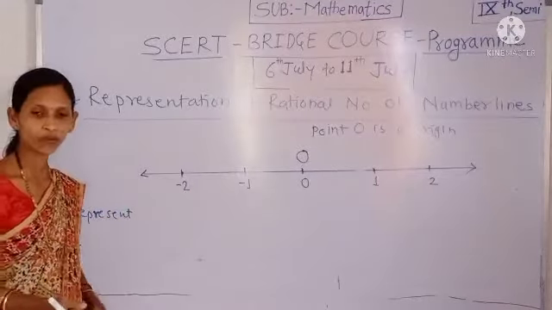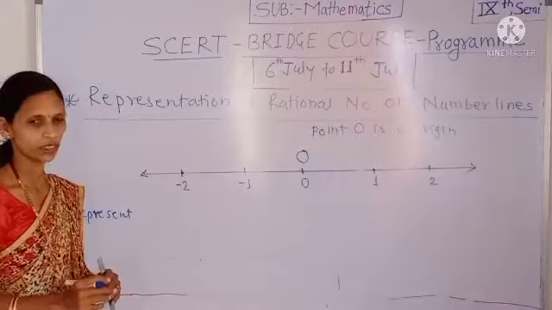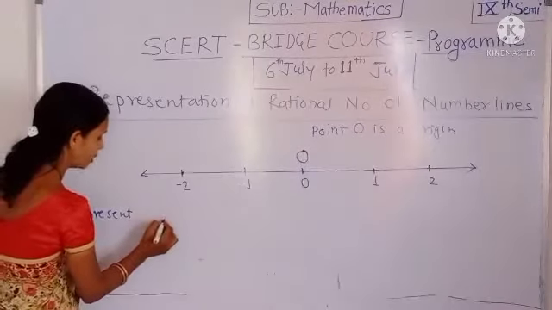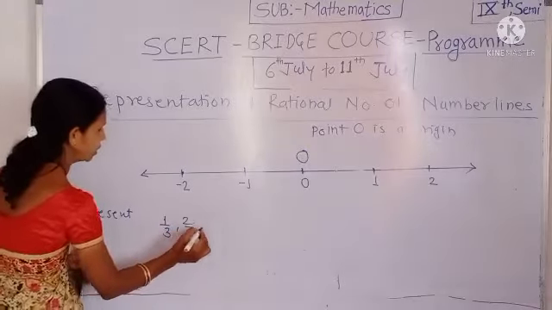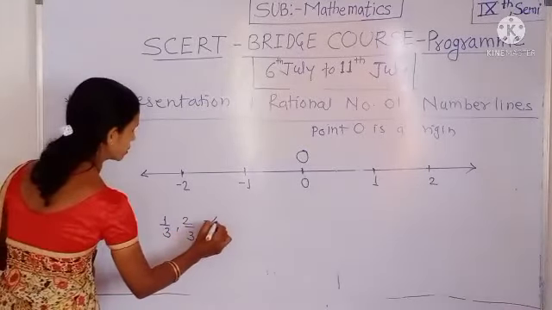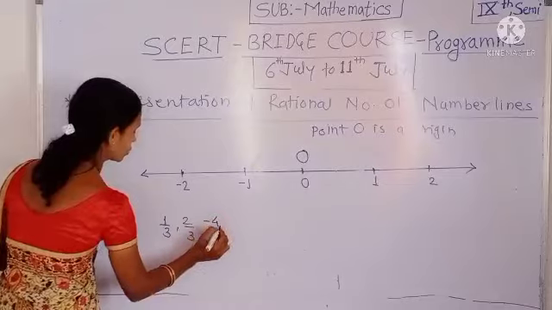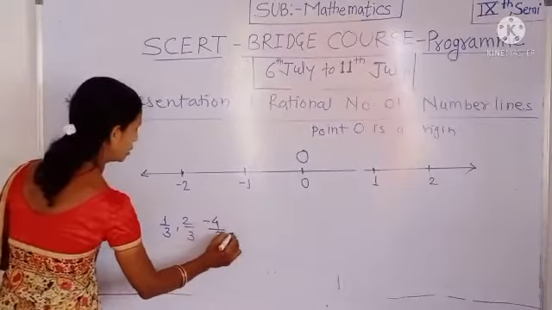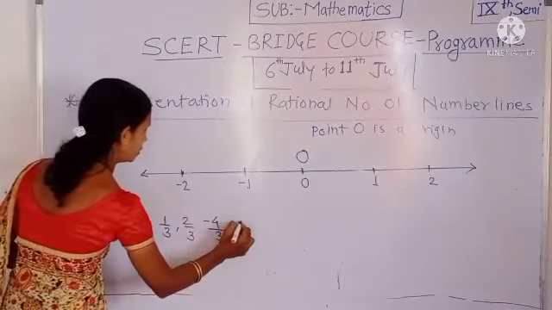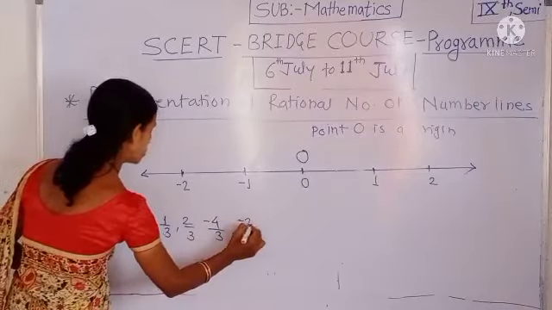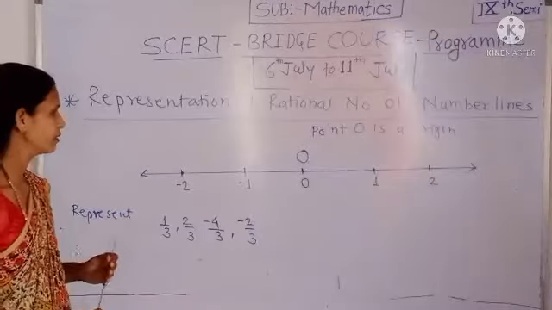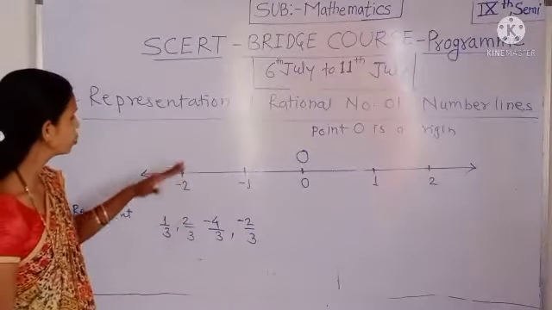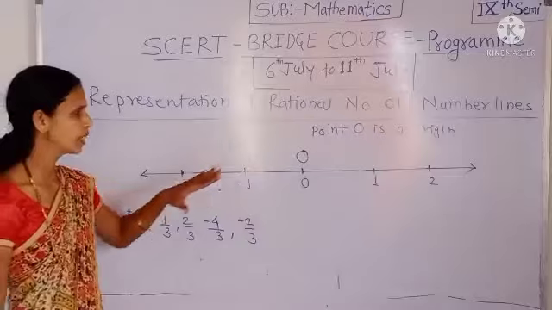A few rational numbers are given here. That is, for example, 1 upon 3, 2 upon 3, minus 4 upon 3 and minus 2 upon 3. Then see here how to represent those numbers on that number line.